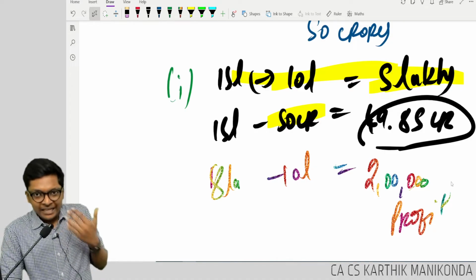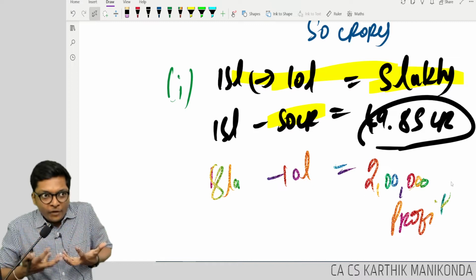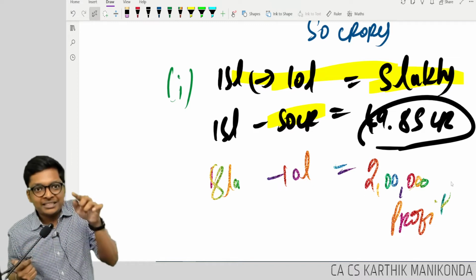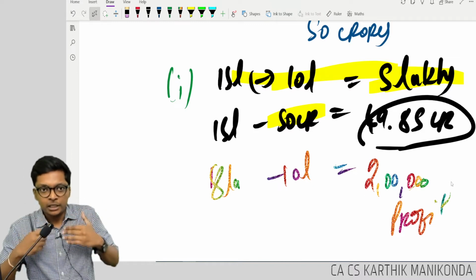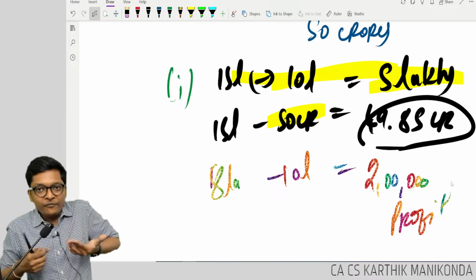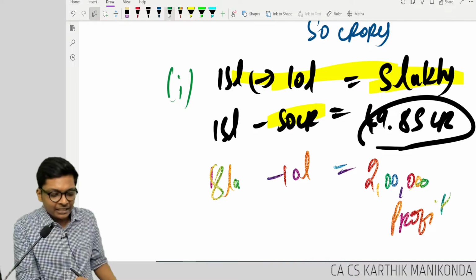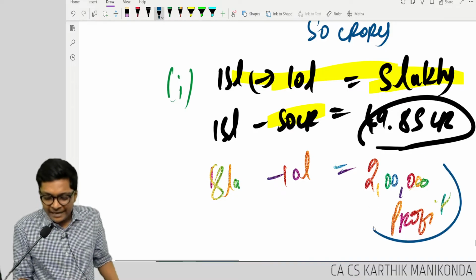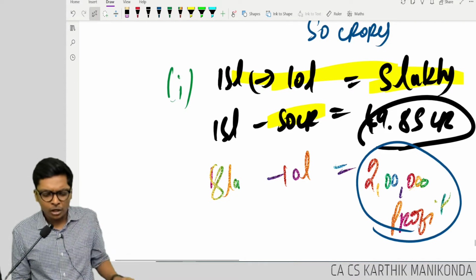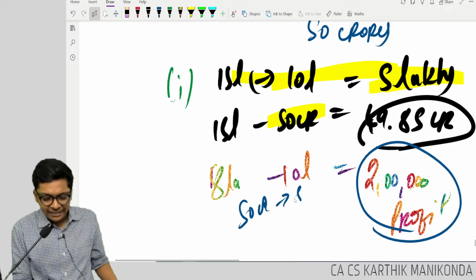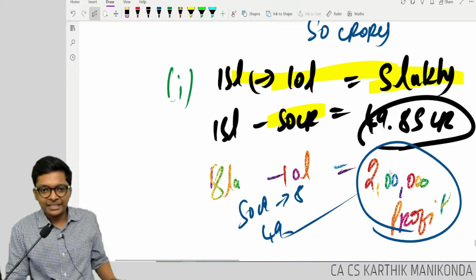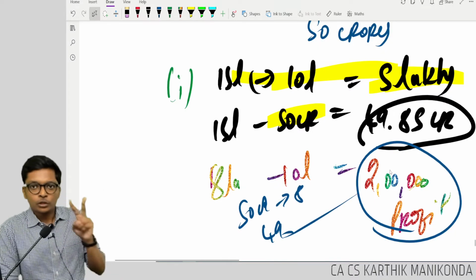Today, when I ask her, hey, what was the profit you made when you bought this land? Listen to the question carefully. What was the profit you made when you bought this land? Will Lakshita tell, the profit I made when I got the land is 2 lakhs, or she will tell 50 crores minus 8 lakhs, 49 point something is the profit?